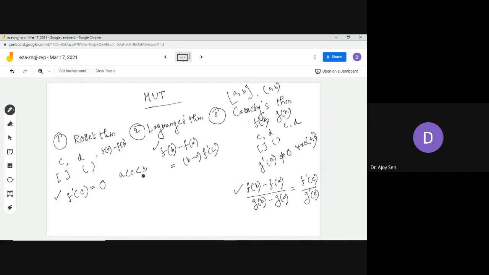This is the way of proof of Lagrange's mean value theorem, and Cauchy's mean value theorem also, where we construct a particular function for Lagrange's theorem and another particular function for Cauchy's theorem, and then apply Rolle's theorem over these functions and prove the results.